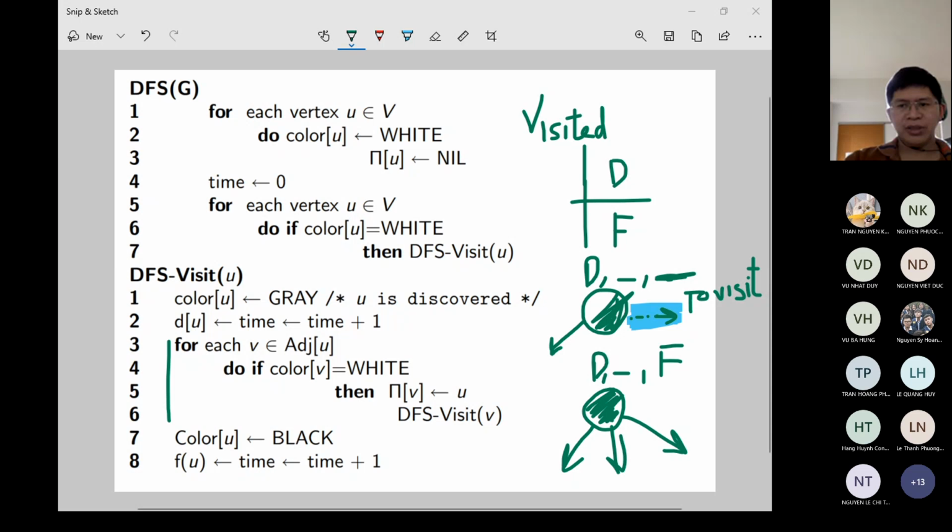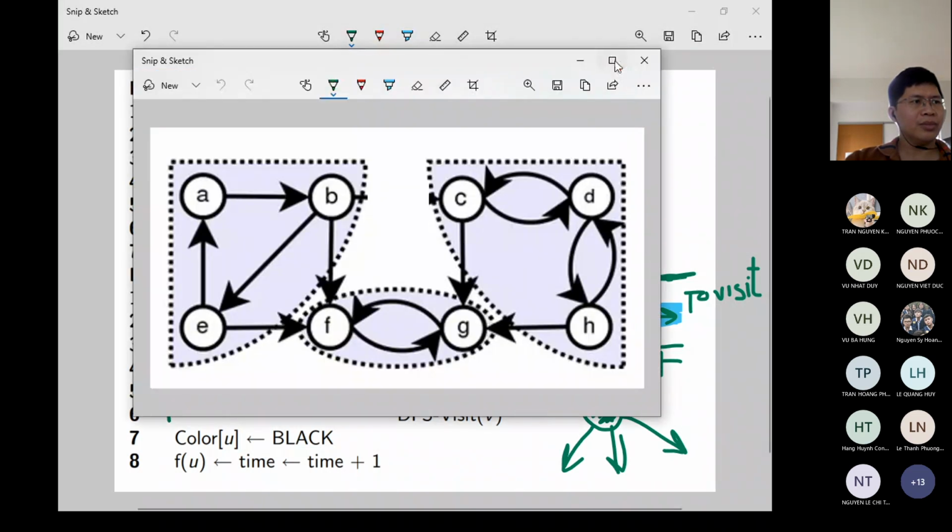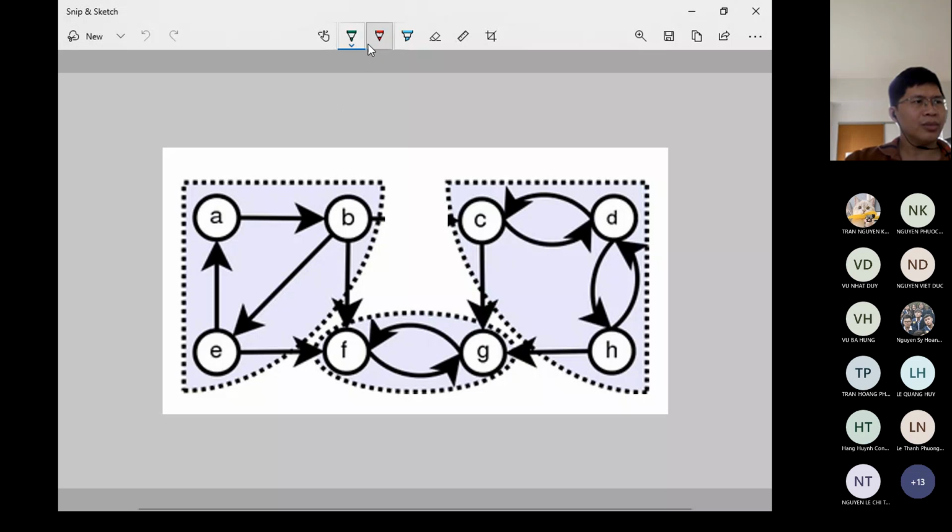We find something. So let me do it with you. It starts from A. In the beginning we put it in gray.